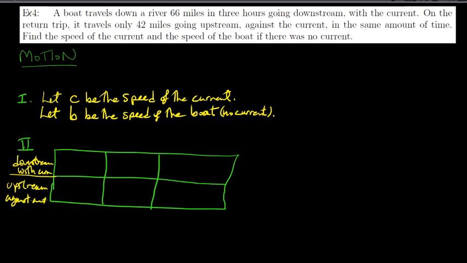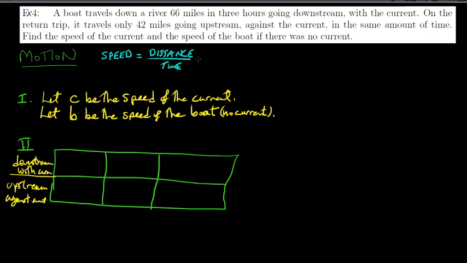So what about the columns? The columns are going to be a little different in this case. For motion, for something moving, just think about what it means when you calculate the speed of something. What is speed? It's how fast you're going. It's the distance you travel divided by the time.